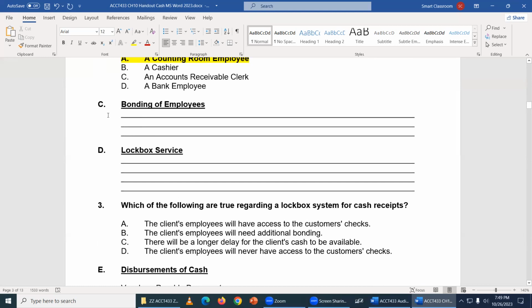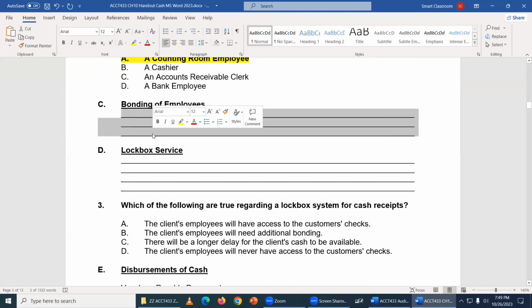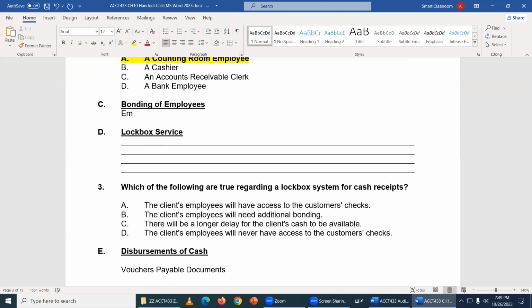Okay, bonding of employees. Employees that handle cash will often be bonded or have a financial bond.